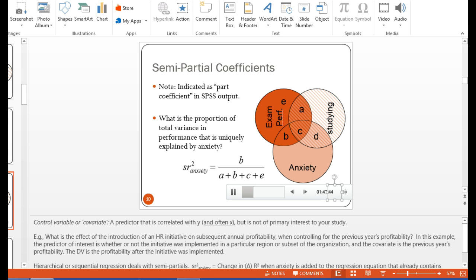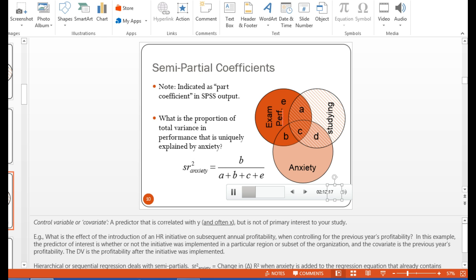Now, you know from experience, maybe working in this org, that several factors impact the organization's profitability in any given year. And so you will want to employ some control variables so that you can see more clearly the relationship between the intervention and profitability. You want to isolate that impact.